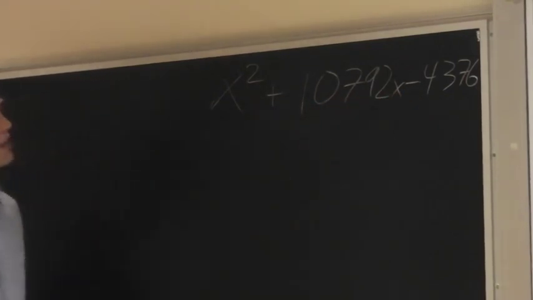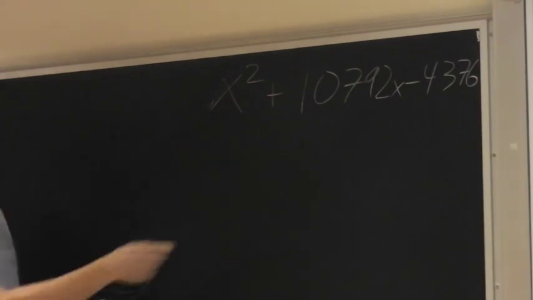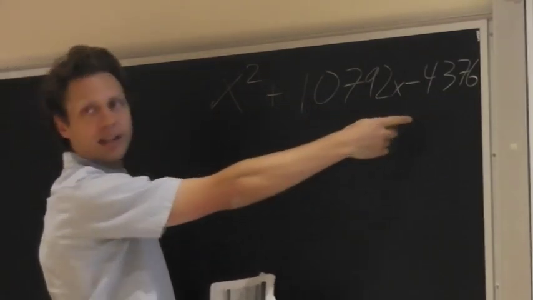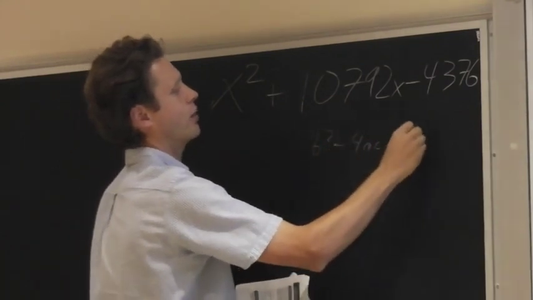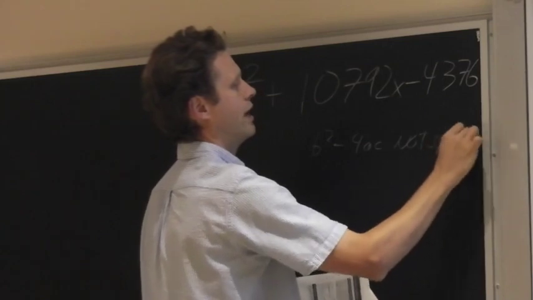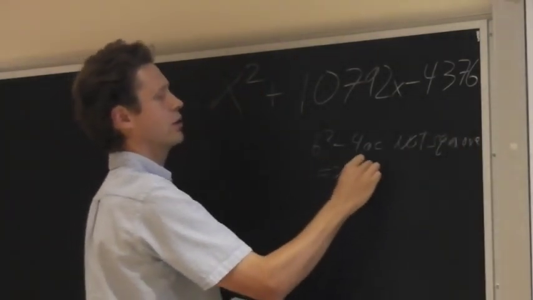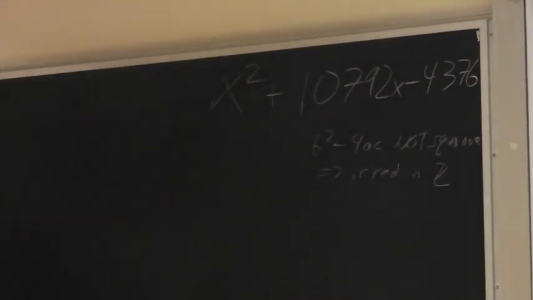And if you think about what it would mean for this to be reducible over the integers, from the quadratic formula, if b squared minus 4ac is not a square, then it's irreducible in Z[x]. And that gives you a clue as to why this would be true.